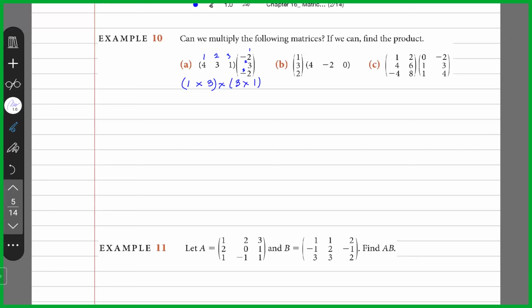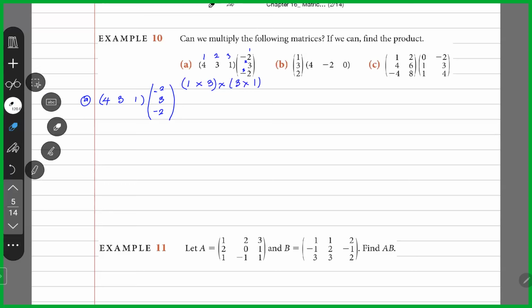So in the case of A, we have 4, 3, 1, multiplied by -2, 3, -2.